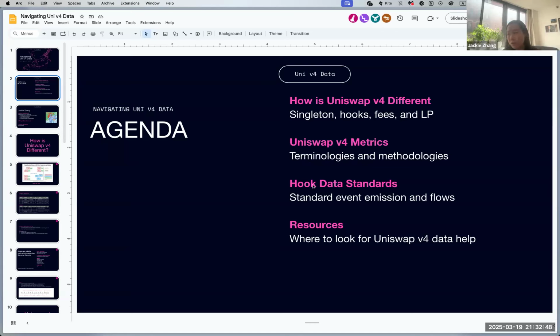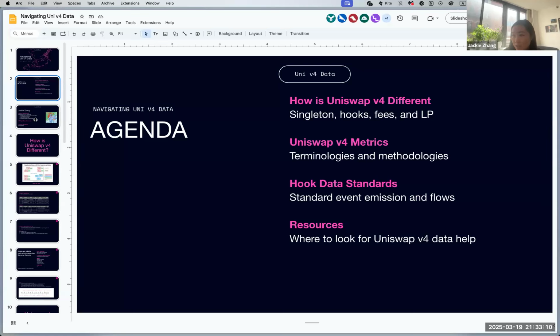Then we'll go into establishing hook data standards. By this point, you will have a better idea of why hook data standards are so important in the V4 landscape. And lastly, I will share a few resources on where you can go look if you want V4 related data.